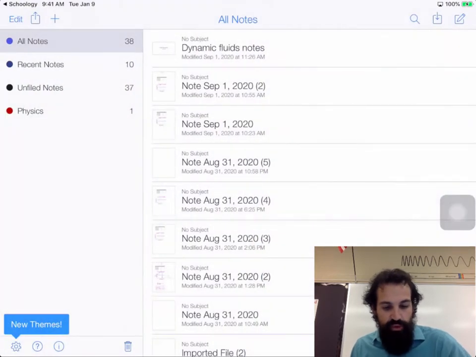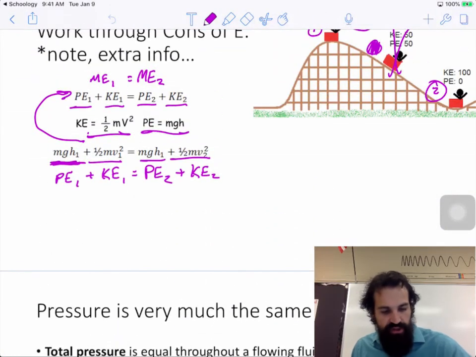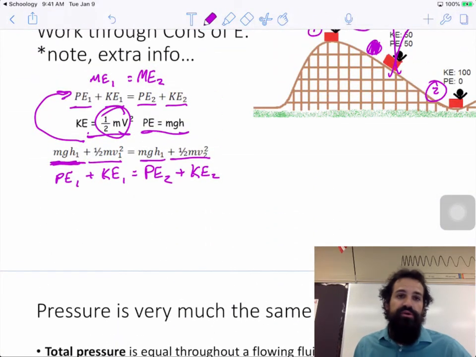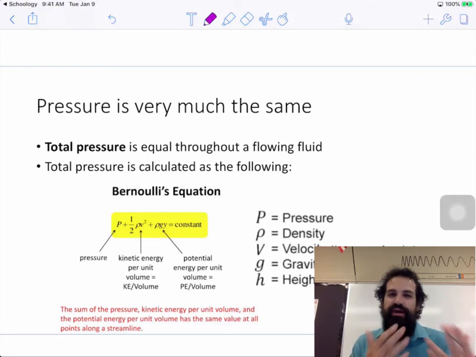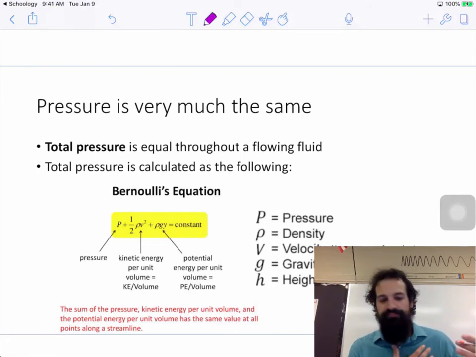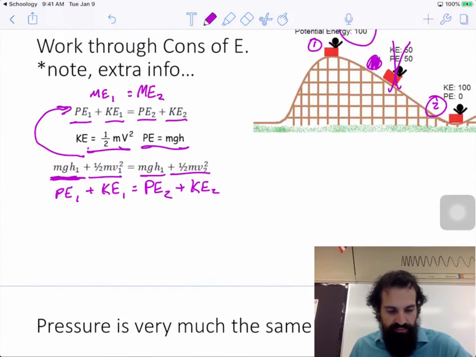That equation completely parallels 1/2 mv squared. So that's your kinetic energy portion of this equation. And again, you don't have to know that, but it has value to recognize where this is coming from. Similarly, rho gy parallels mgh.